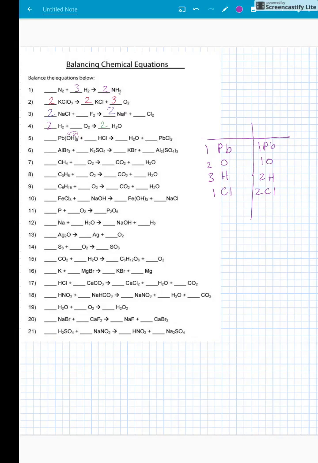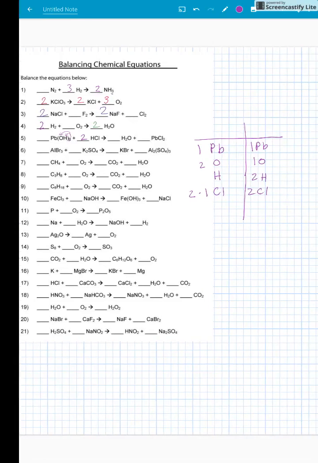So we can multiply this one by 2 to start, which gives us another H, so that's 4 H's. That's 2 Cl's now. 2 Cl's. And then now these two match. Now you have to get these to match.